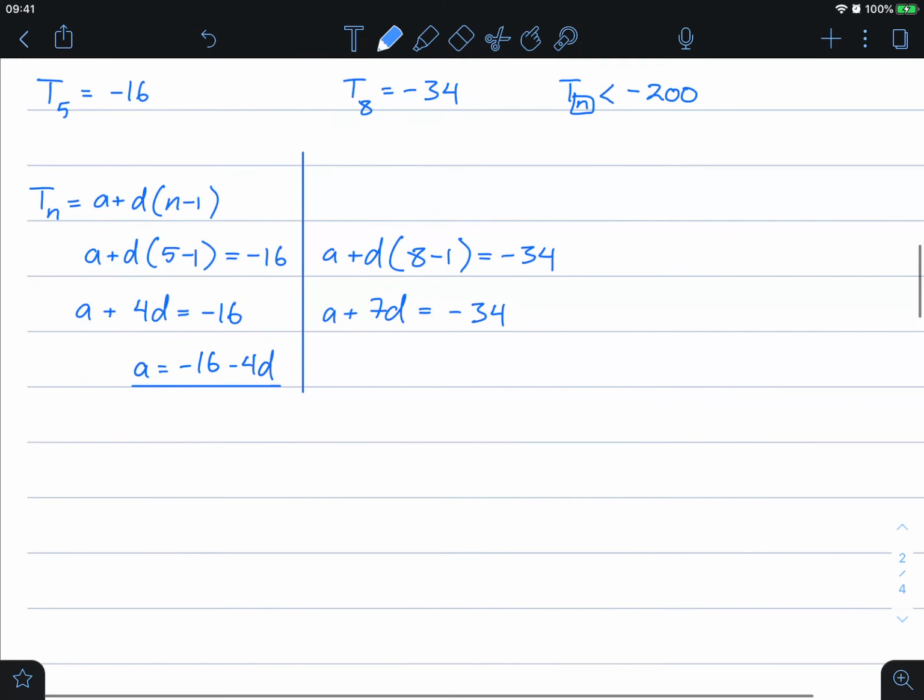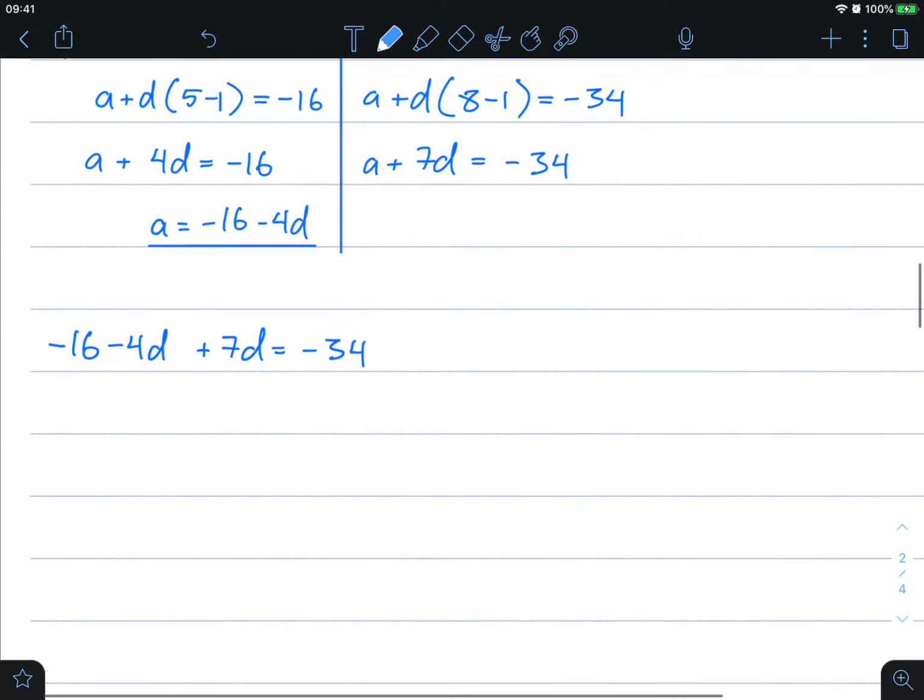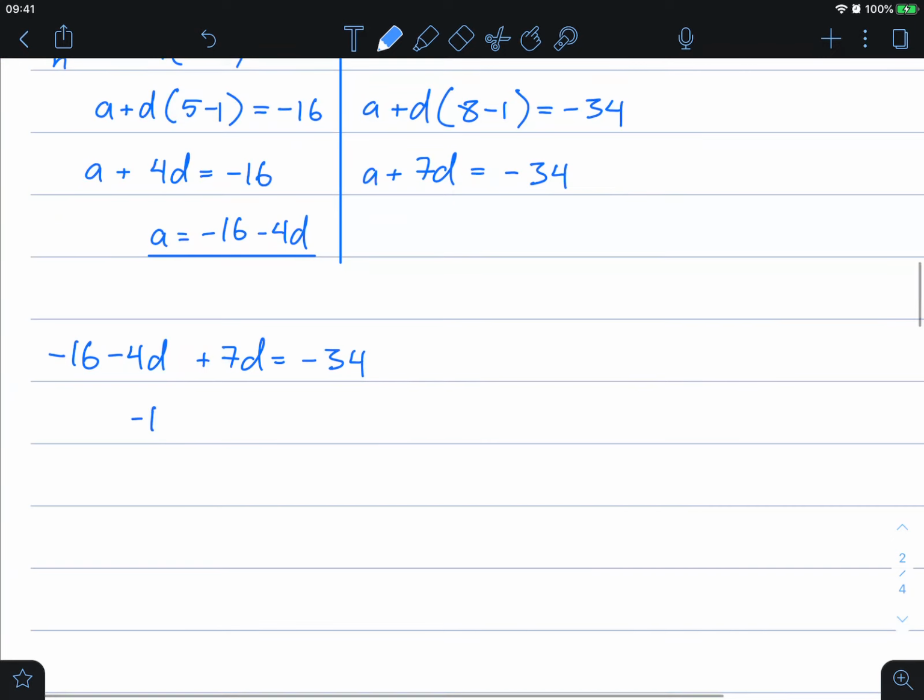This will give us negative 16 minus 4d, so here's that substitution into a, plus 7d is equal to negative 34. This will give us negative 16 plus 3d equals negative 34.